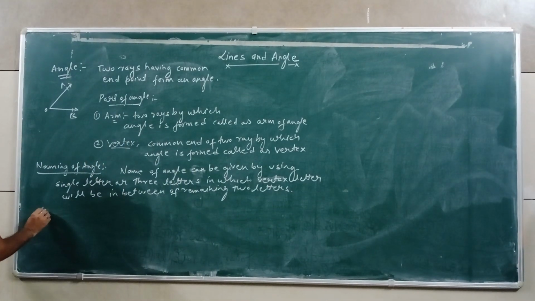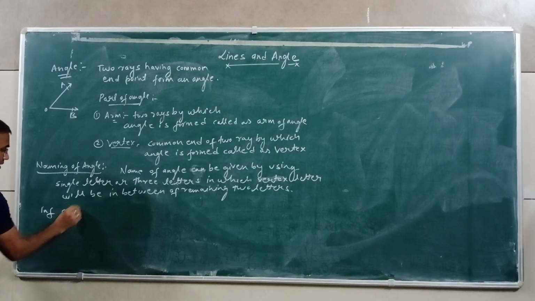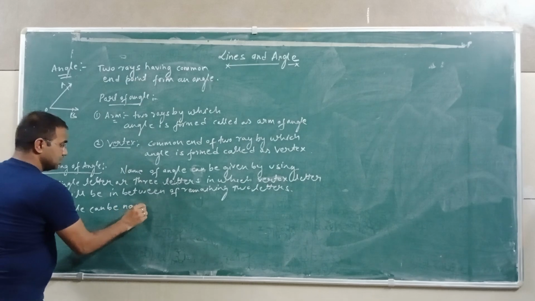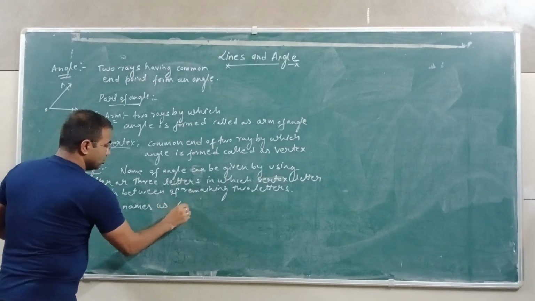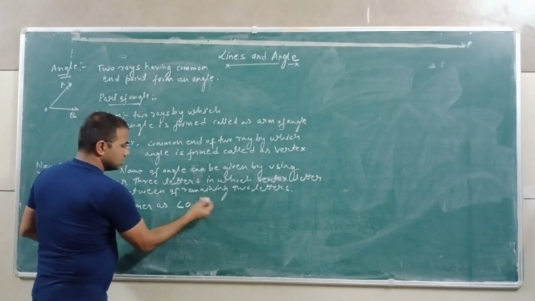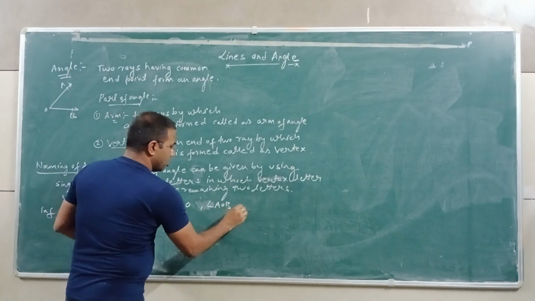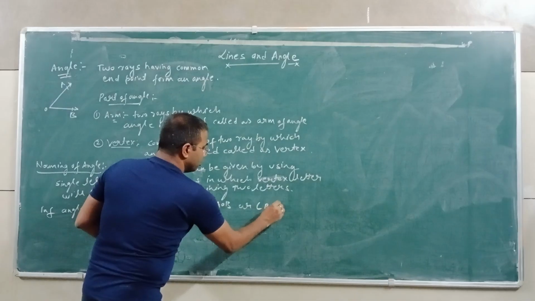Now see how you will give the name. In the figure, the angle can be named as angle O, or angle AOB, or angle BOA.